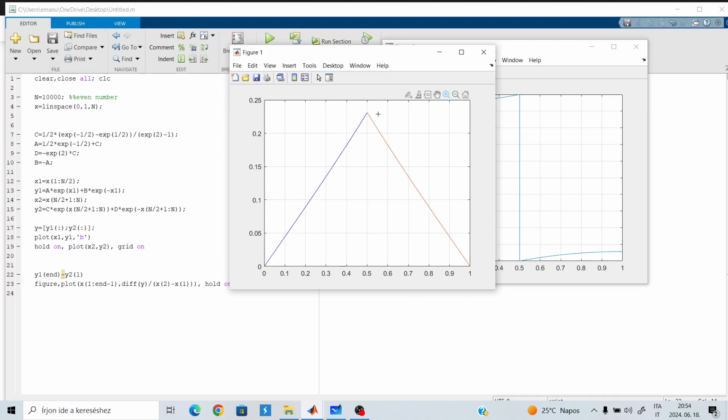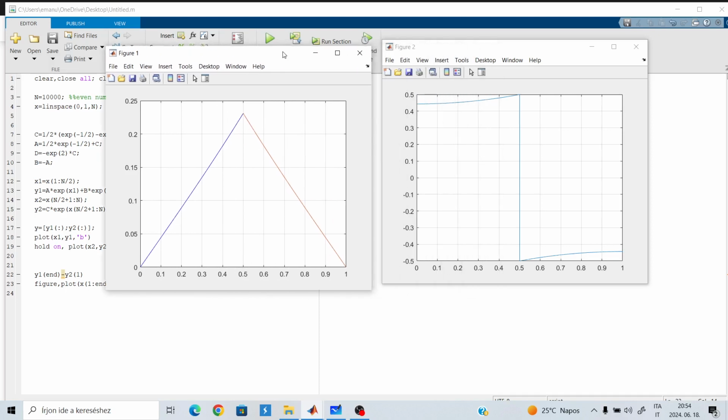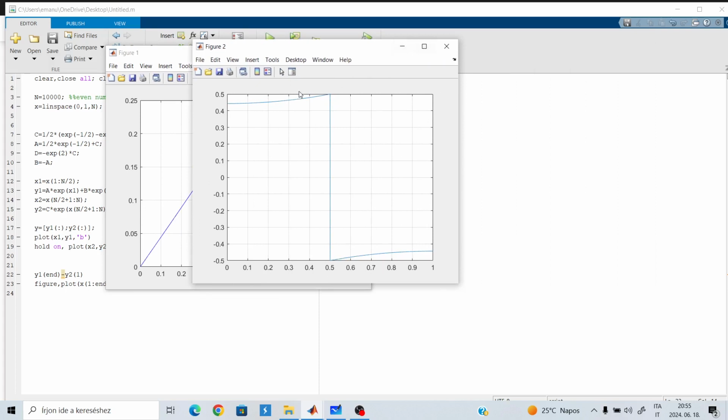You can see from this graph that there is no continuity in the derivative because of this sharp edge that you have at 0.5. Indeed, when you take a look at the derivative, the derivative is continuous everywhere except at 0.5, which you can see contains this jump, and the jump is the value of this derivative minus the value of this derivative here.